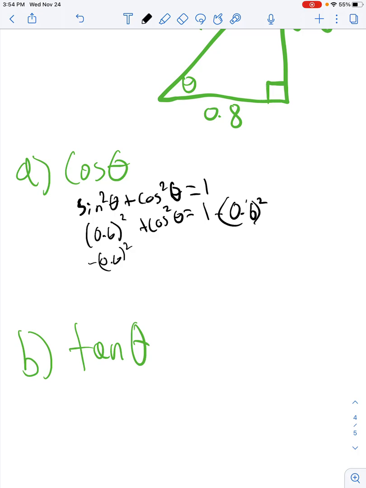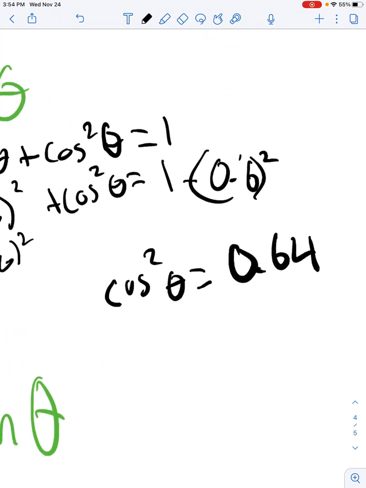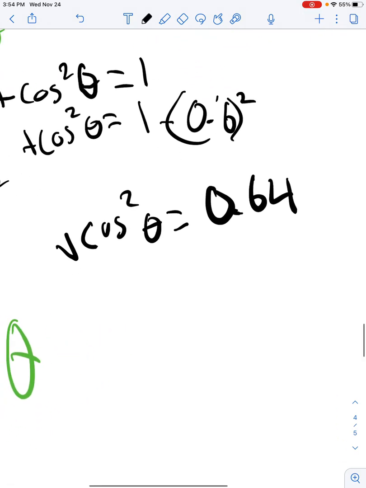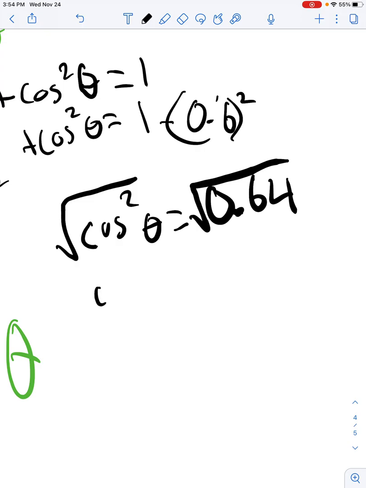What is that going to be? 0.36, which means cosine squared theta equals 0.64. That looks nice because how do you undo a square? You need to take the square root. If I take the square root on the left, I need to take the square root on the right. And so I get cosine of theta equal to 0.8.